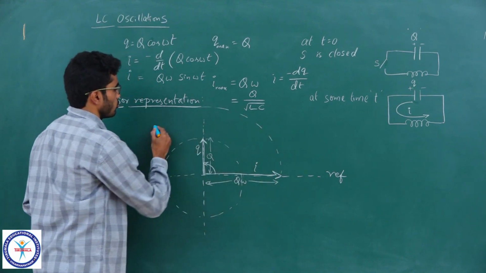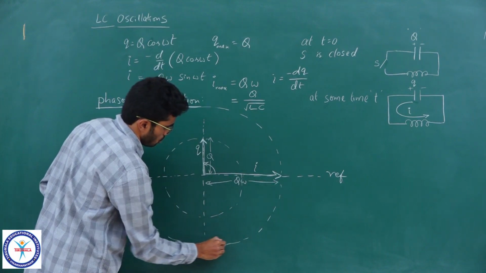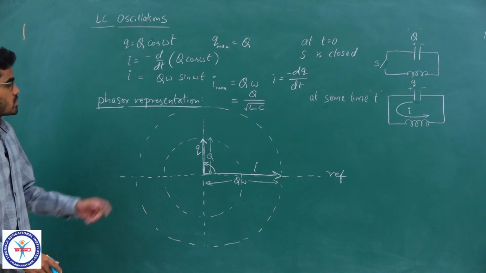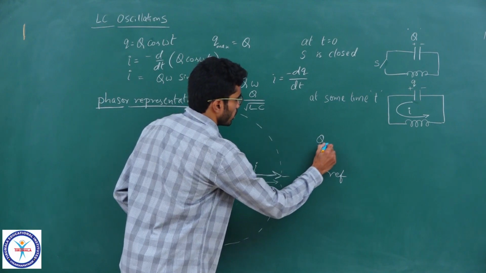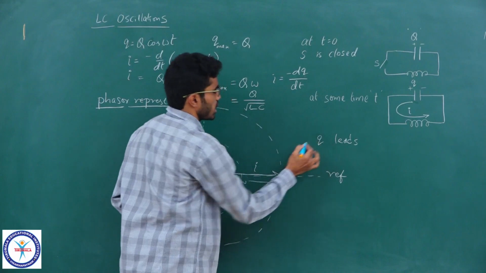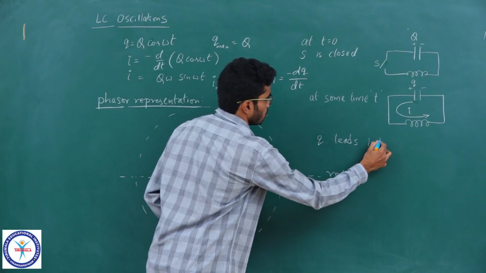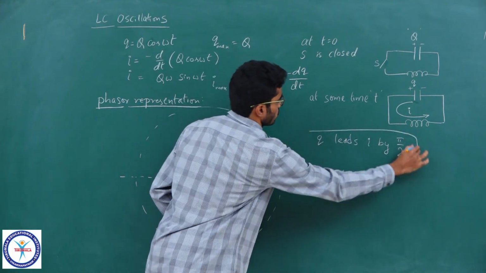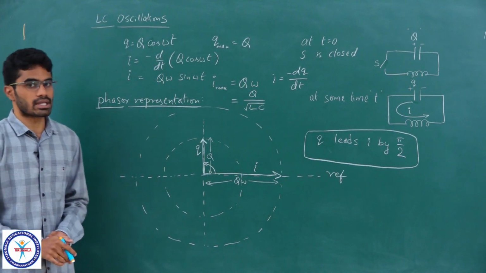We will get another circle for the current phasor. So this is how you represent the equations on the phasors. And you notice one point here: the small q, the charge on the capacitor, always leads the current by pi by 2. This is an important observation. Q leads I by pi by 2 in this case.